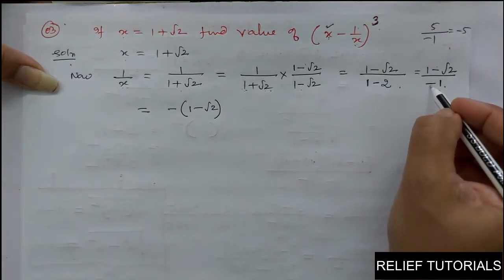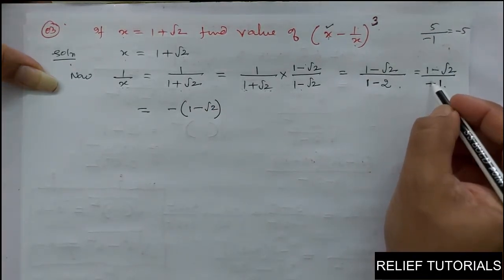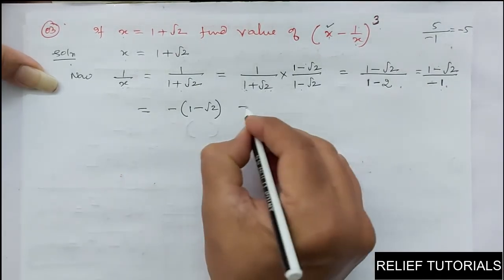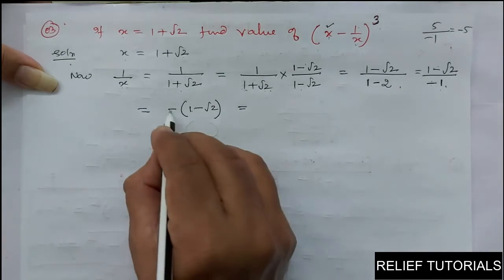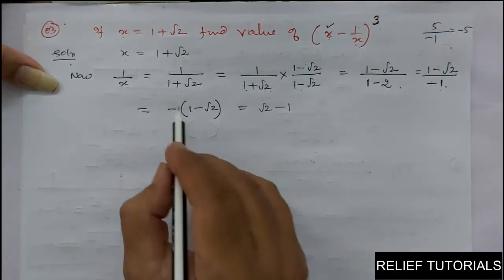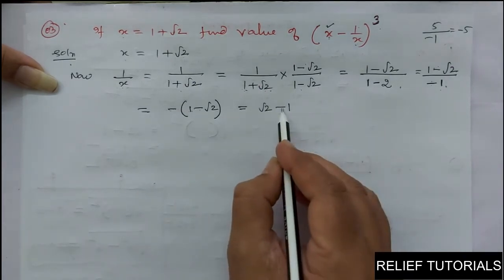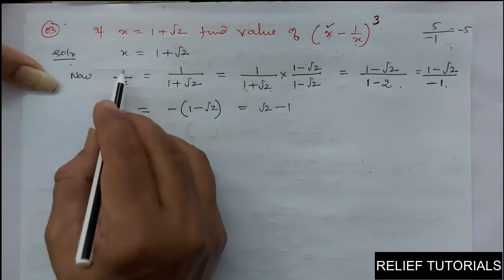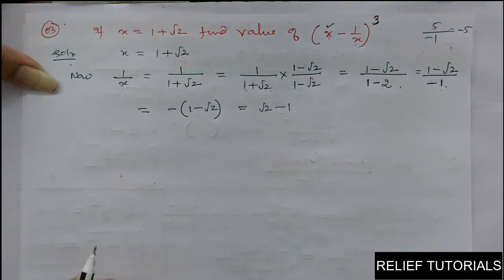If minus is in the denominator or numerator, wherever it is, it is considered for the whole fraction. Clear or not? So that is equal to minus 1 into 1, minus 1, minus into minus plus root 2. So root 2 minus 1. So 1 upon x is equal to root 2 minus 1.